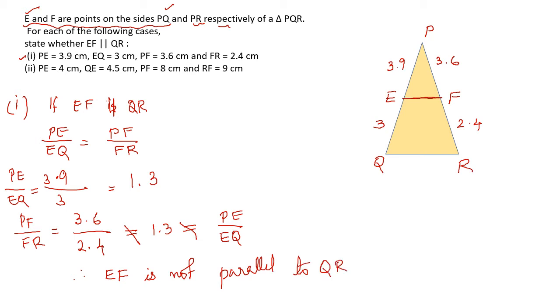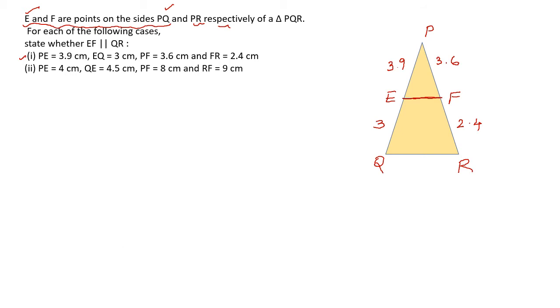Now let us consider the second condition. The second question we have here is PE is equal to 4. So we'll erase these marks. PE is given as 4 and let us write the values they have given to us.